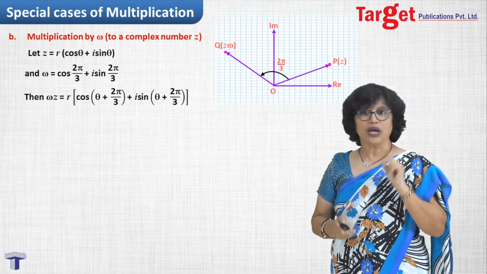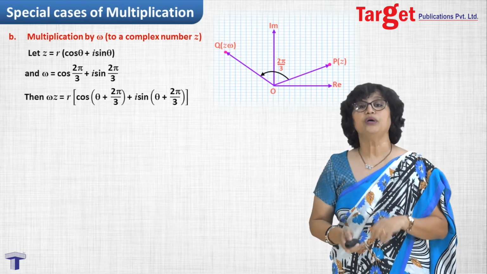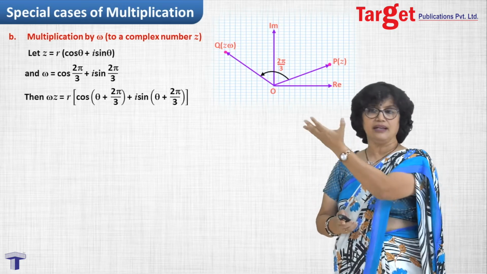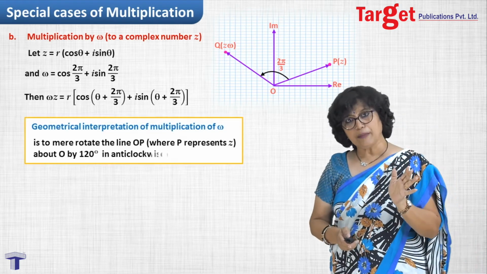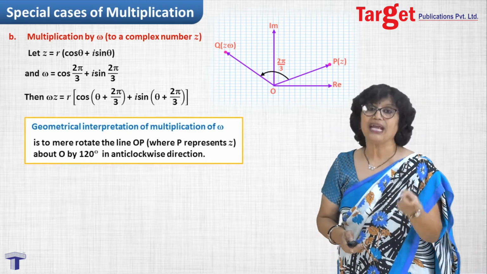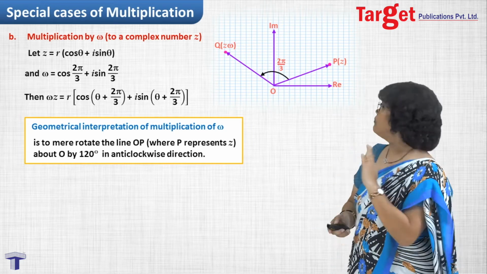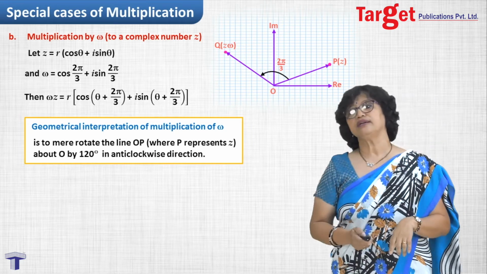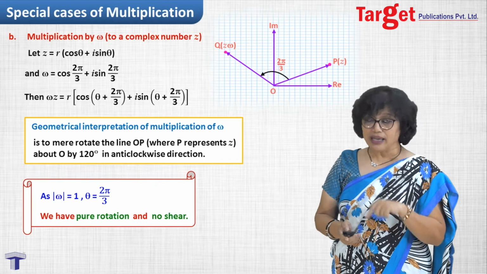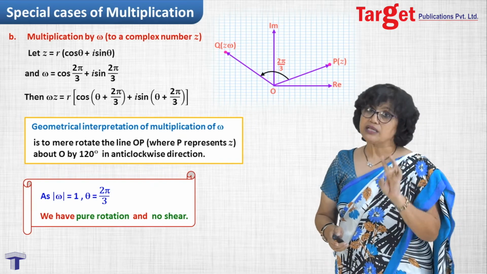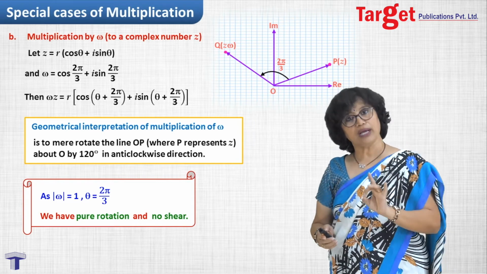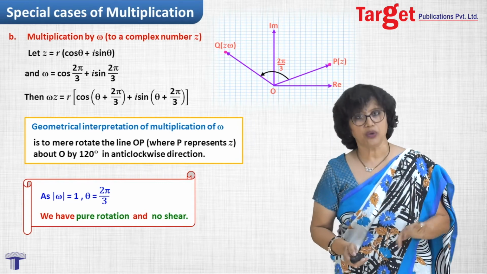So mark Q accordingly, and that position of Q will represent the z omega point. So basically, the geometrical interpretation here is that you will have to rotate by 2 pi by 3 or 120 degrees in the anti-clockwise direction. And also, what we have observed here is that it is a case of pure rotation and no shear. So multiplication by i and multiplication by omega are both cases of pure rotation.